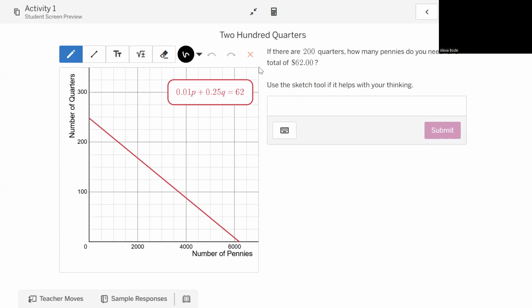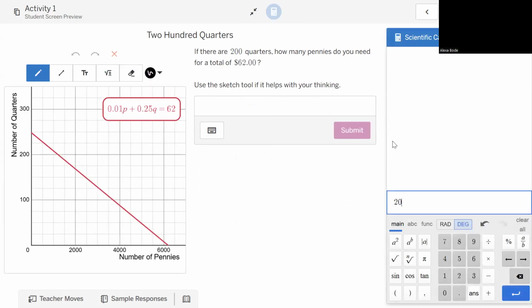Okay. So this says if there are 200 quarters, how many pennies do you need for $62? So if there were 200 quarters, we know 200 quarters times 0.25 of a dollar, that's $50. 200 quarters is worth $50 because each quarter is worth 25 cents.